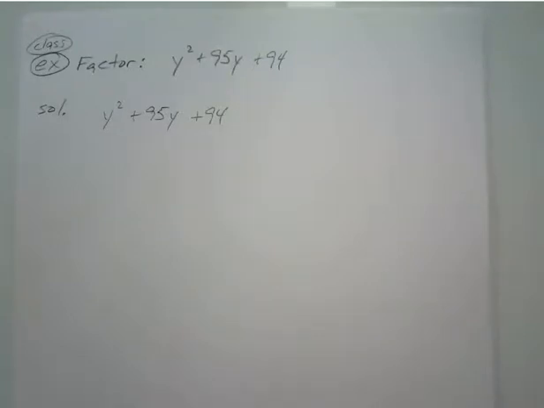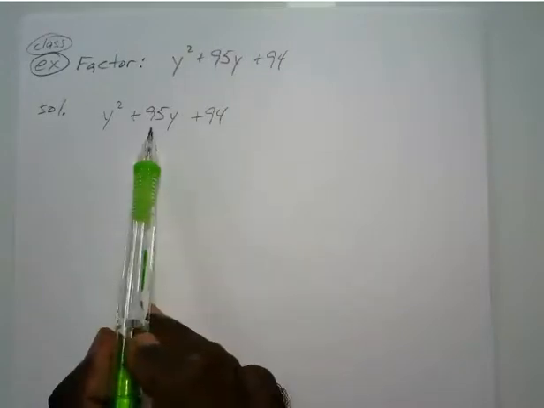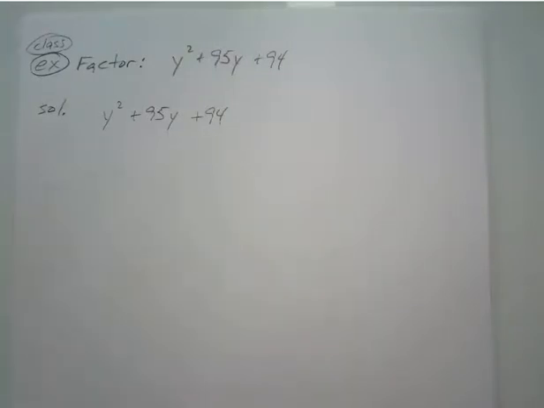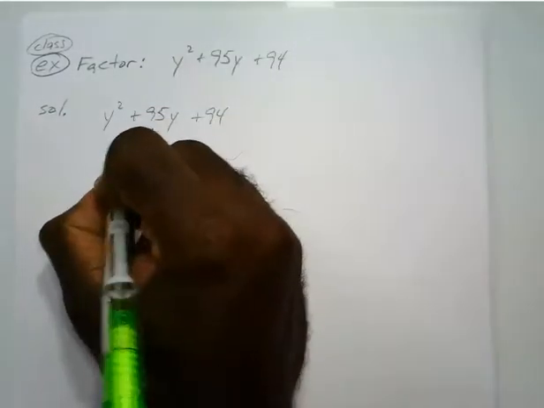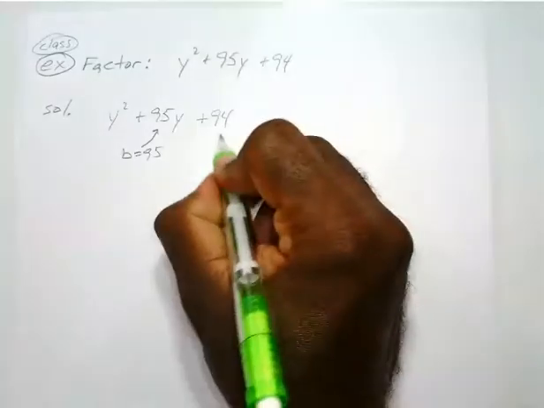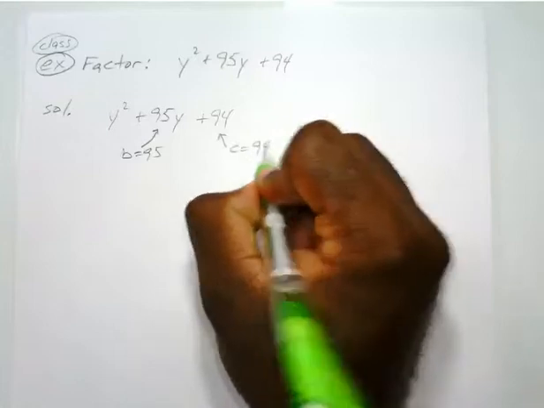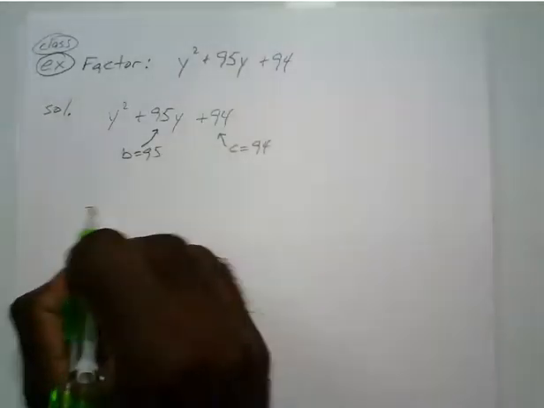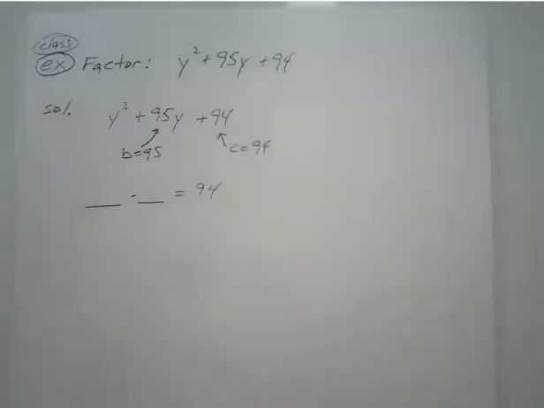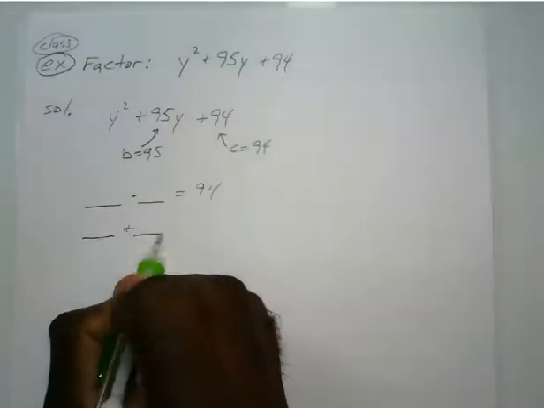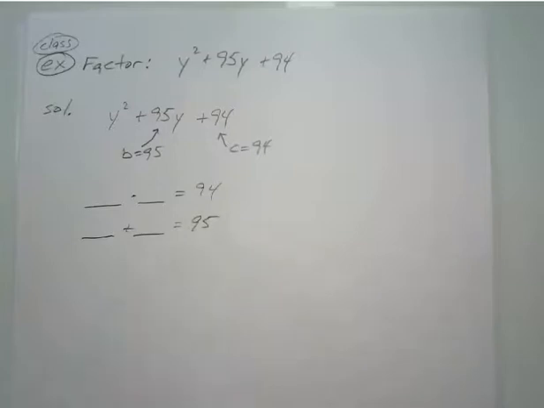All right, so assuming you've already worked everything out, y squared plus 95y plus 94, actually these should be the easier ones to do, because whenever you see that your b term is just one more than your c term, you'll see why it should be pretty quick. So we know b equals 95, c equals 94. We have to find two numbers that multiply to equal 94, and those same two numbers add to equal 95.